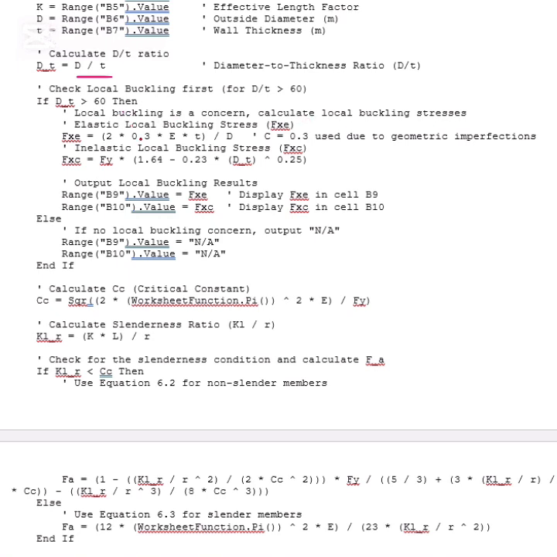Then calculate the elastic local buckling stress and the inelastic local buckling stress, using 0.3 to account for geometric imperfections. If there is no local buckling concern, these two values are not needed. We also need to calculate the Cc value. Based on the Cc value and slenderness ratio, we can decide whether to use the equation for non-slender or slender members.